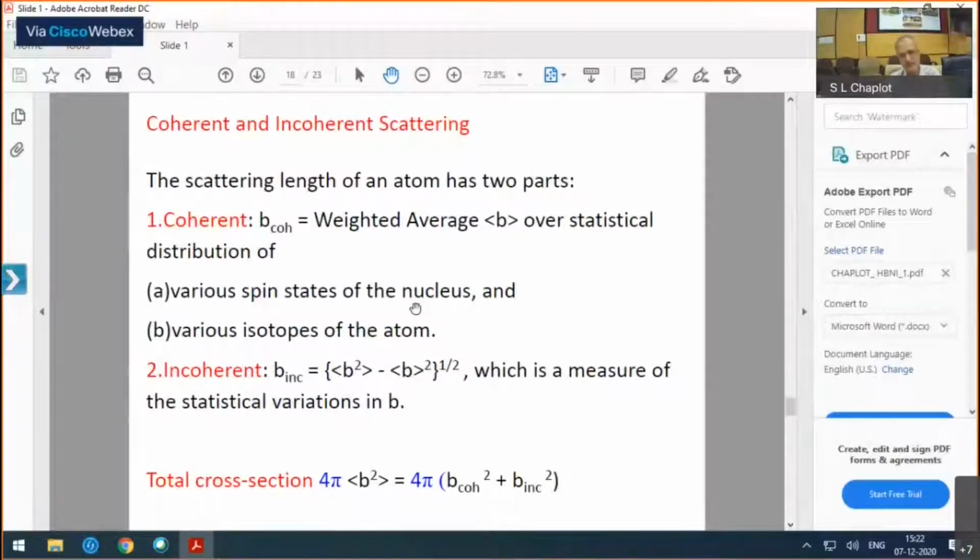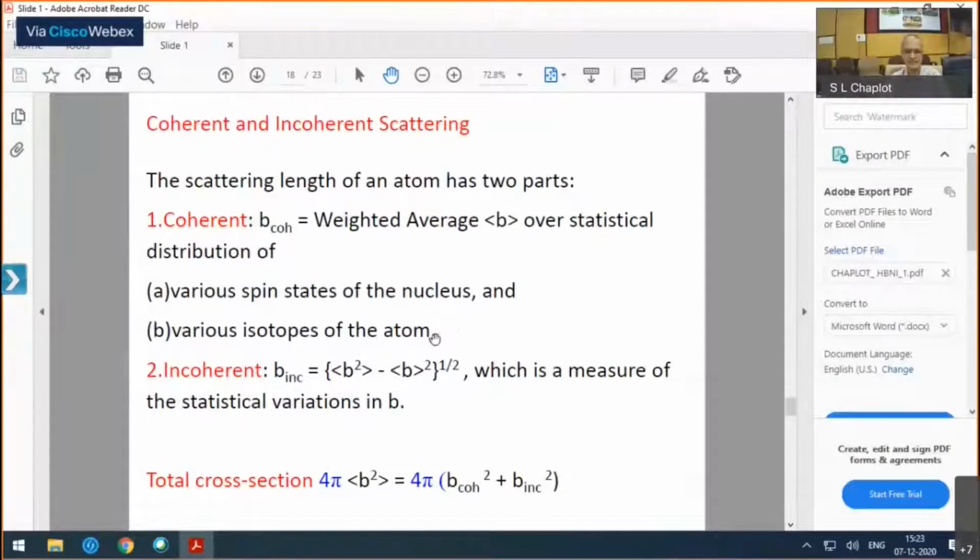The nucleus has a magnetic moment, and the scattering of the neutron with the nucleus, being a nuclear process, depends on the nuclear magnetic states. So depending on what the magnetic moment is, 2J plus 1 states are possible, and each of those has a different scattering length.